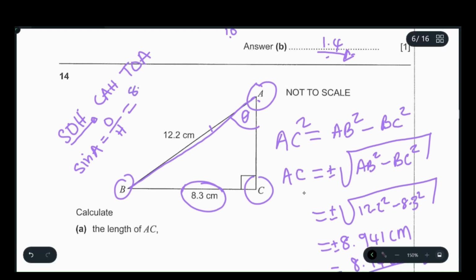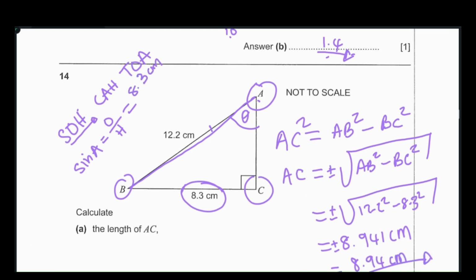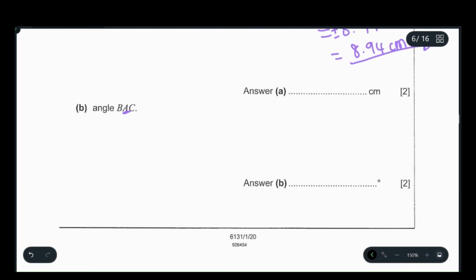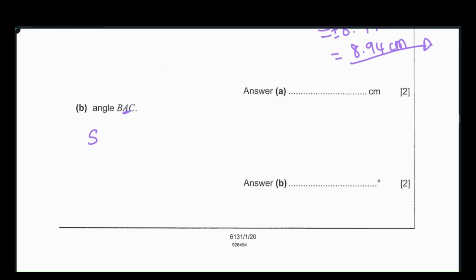That is 8.3 centimeters divided by 12.2 centimeters. Centimeters will cancel out. So that should give us our angle A. So sine A is equal to 8.3 centimeters over 12.2 centimeters.